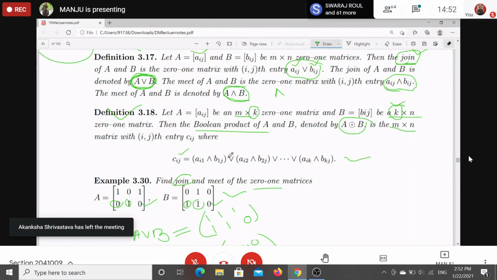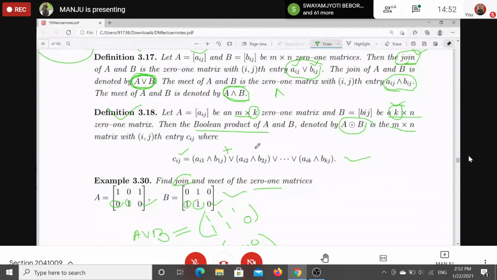Then addition: here we had addition, so it will be replaced with disjunction. Then we had multiplication again, which is replaced with conjunction, and so on. Clear? Yes, ma'am.